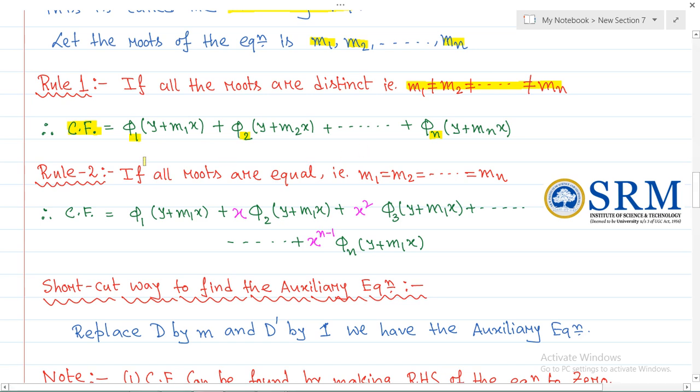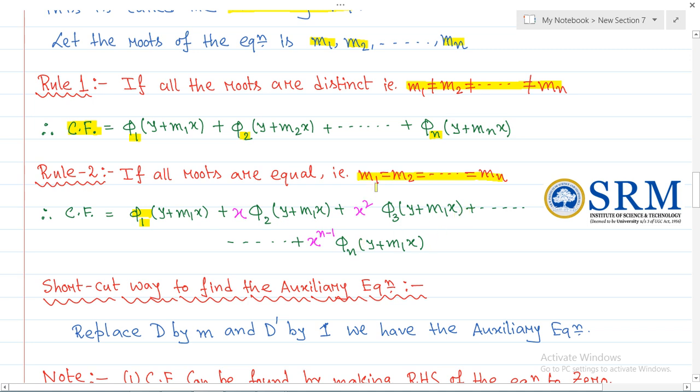Now if all the roots are equal, that is the second case, m1 equal to m2 dot dot equal to mn, then all the functions will be different, but the difference comes as per rule number 1. So the CF is going to be phi 1 of y plus m1x, because all roots are equal, phi 2 of y plus m1x, phi 3 of y plus m1x, phi n of y plus m1x.